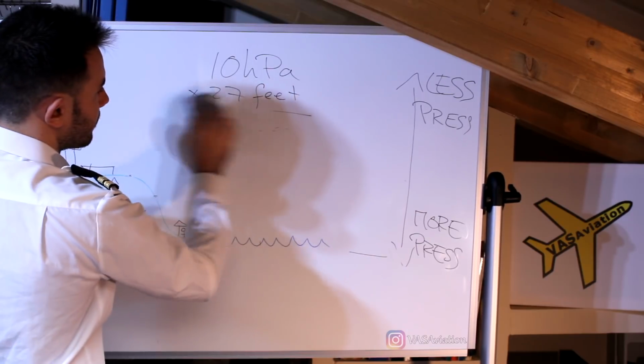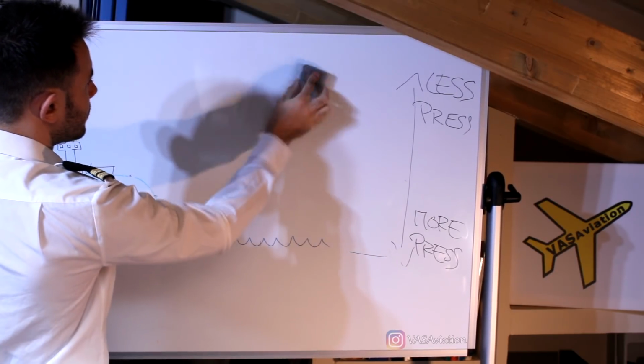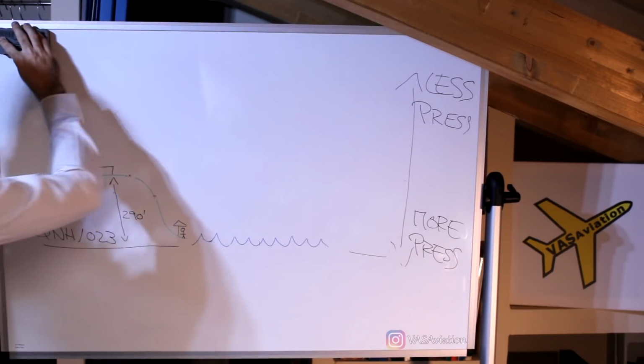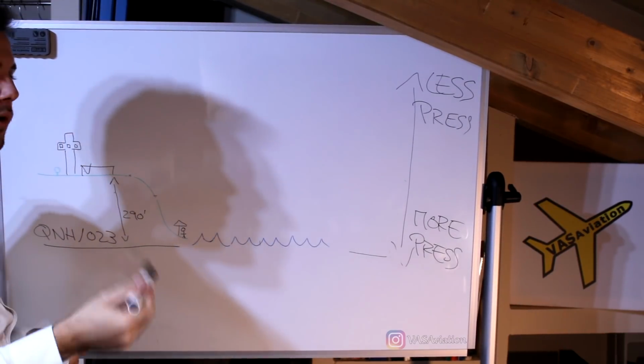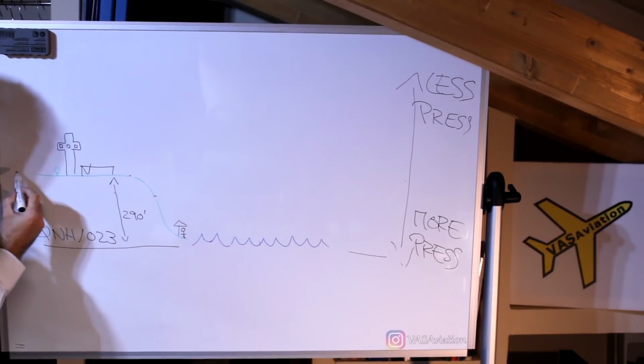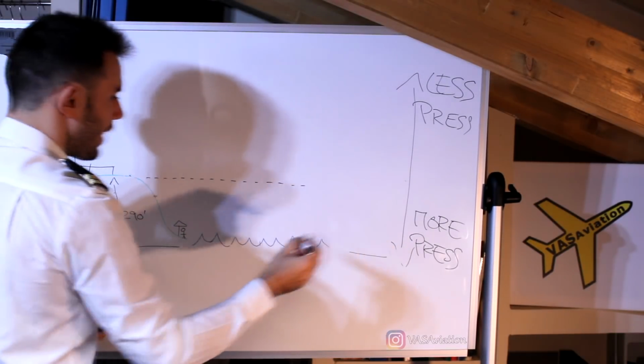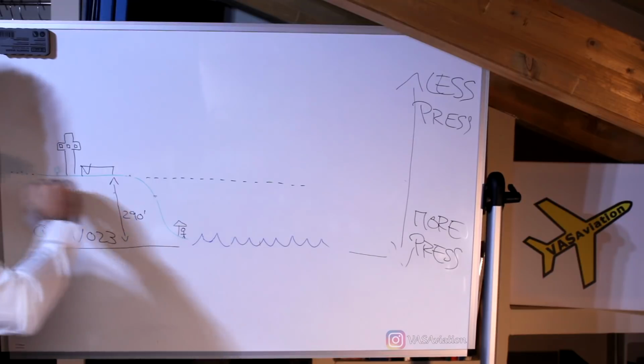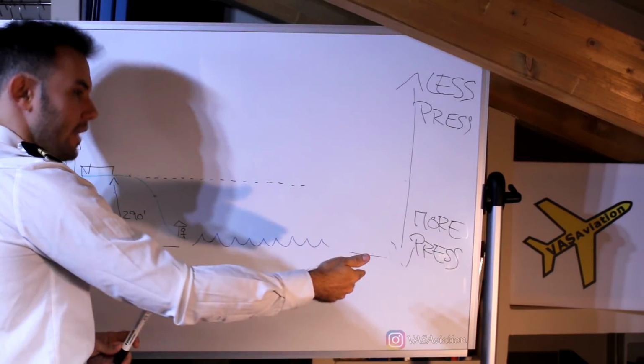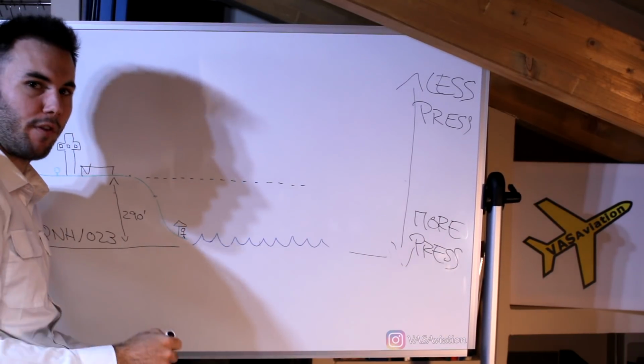I hope you're doing it. So remember, the QFE is the pressure at the airfield. So the isobar of the QFE will go through the airfield, whatever the value is, which is actually what we want to find.